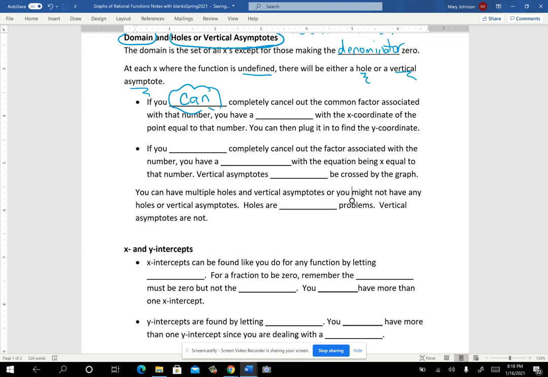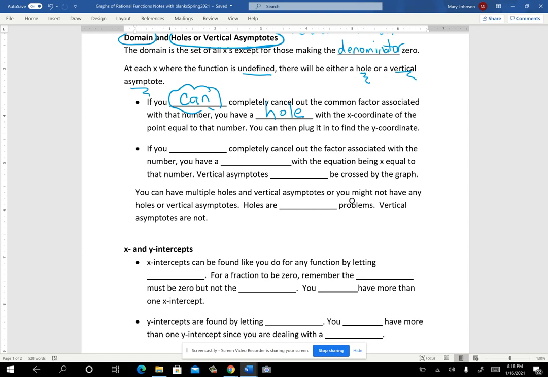If you can completely cancel out a common factor from the top and bottom, then that gives you a hole. And the x-coordinate of the point is equal to the number you would get from that common factor. Then you can plug that in to get the y-coordinate. We're going to do an example in another set at another time.